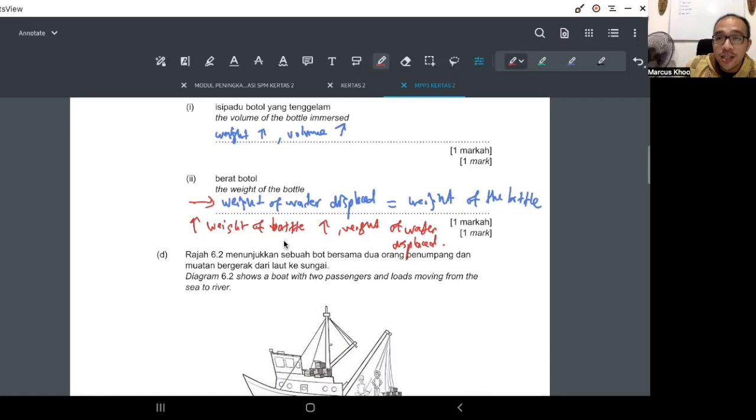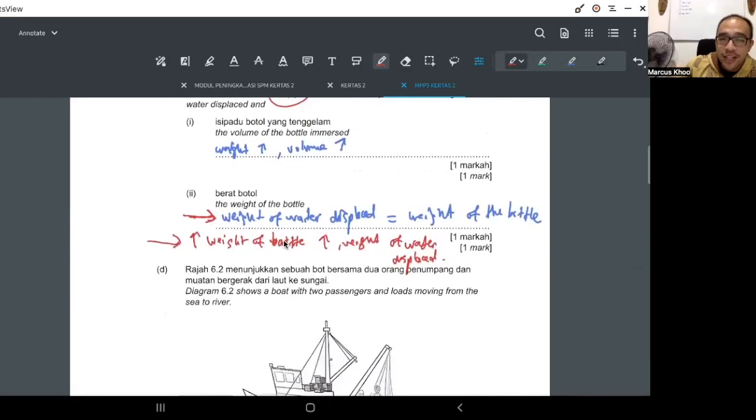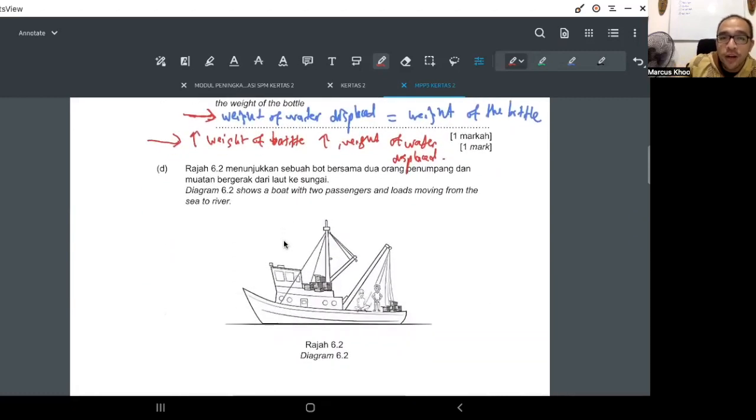Maybe if this kind of question comes out, you will have to choose one. This is the marking scheme answer, but I really see no reason why this answer is wrong. I would actually give it correct also because it is according to the answer in 6B. So I would give the red color answer a more correct mark.